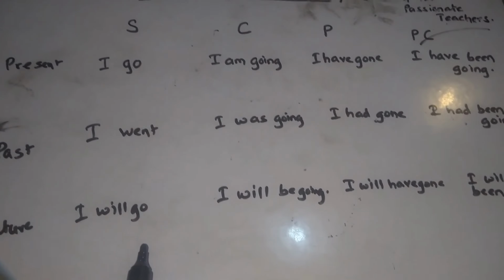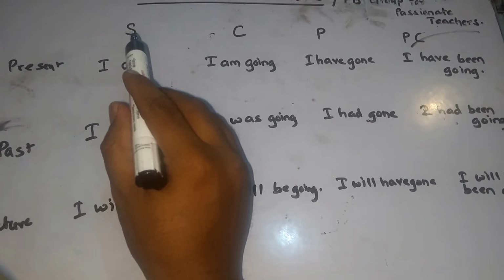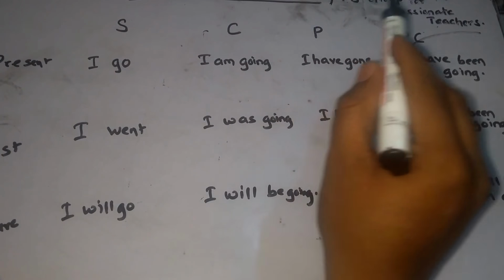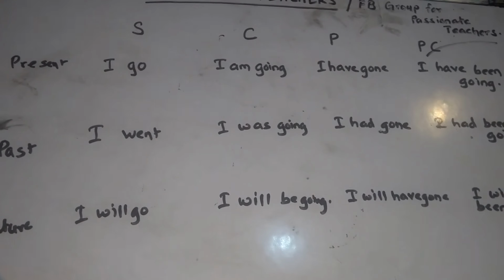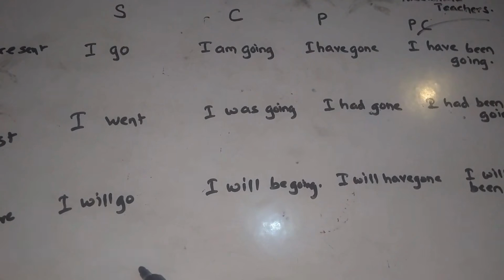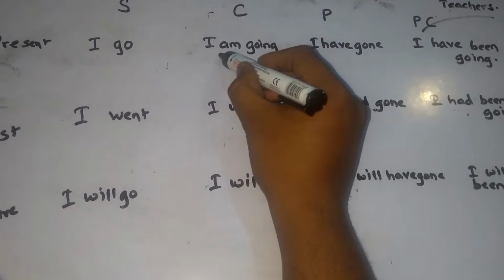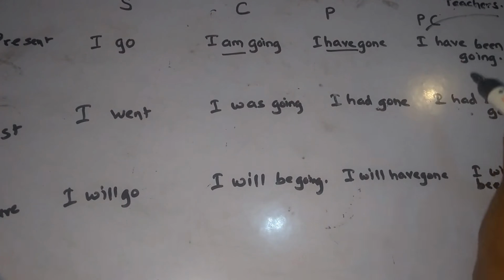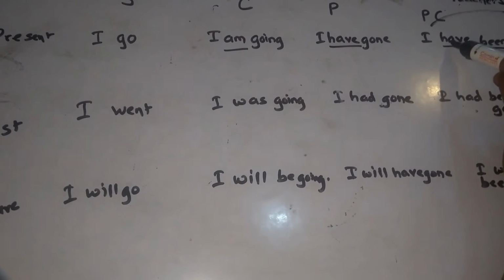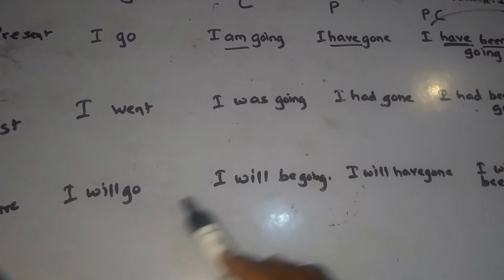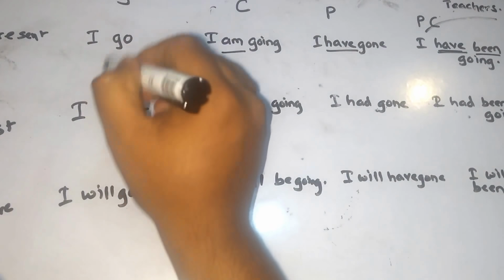Here we see simple, continuous, perfect and perfect continuous, in present, past and future forms. Now let's see where we find helping verbs. In this sentence we have am as the helping verb. Here we have two helping verbs, have and been. Remember, we only think of the first helping verb, that is have. Here we don't have any helping verb, so let's do it later.